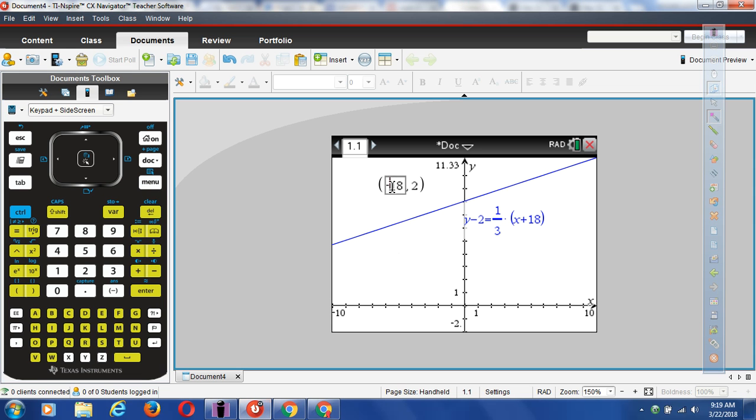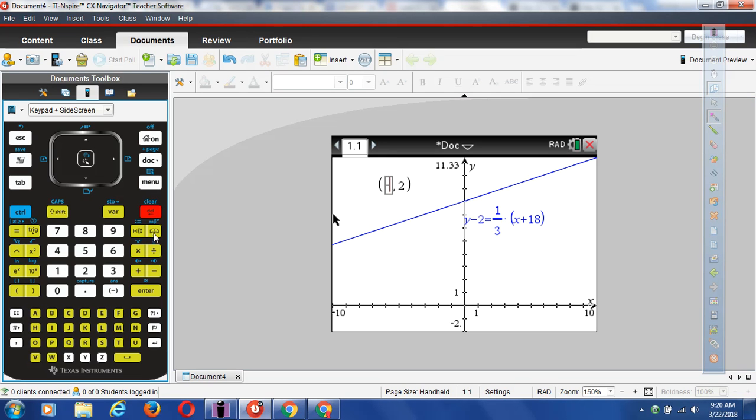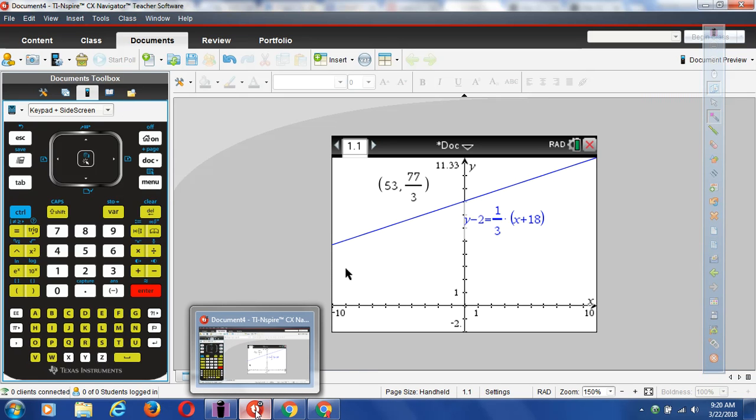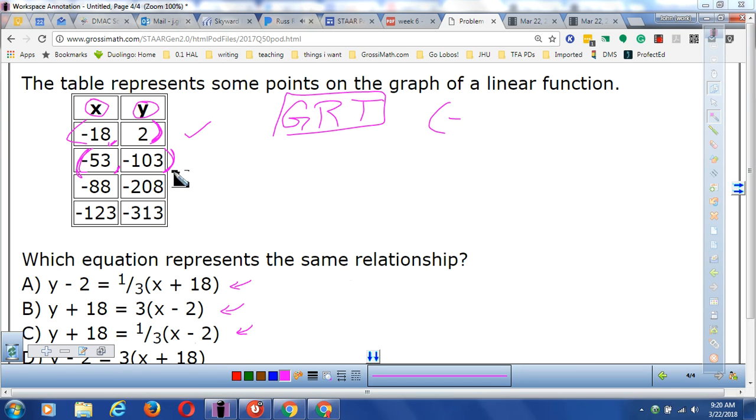Negative 53. Okay, go over here. Click, negative 53. 77/3. Now that's a decimal or something like that. If I look at the table, I see negative 103.